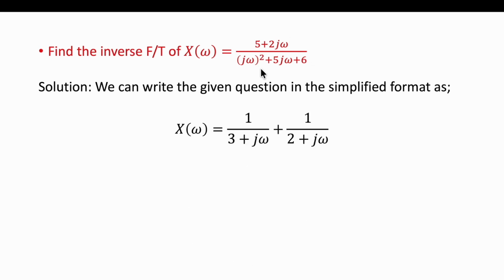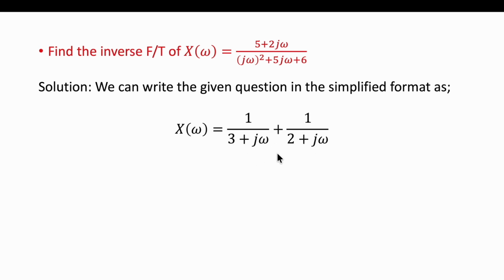We can factor the denominator, and we know the factors are (3 + jω) and (2 + jω). Then we can write 1 over (3 + jω) plus 1 over (2 + jω).